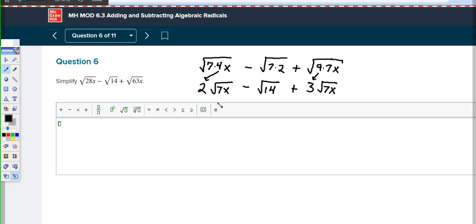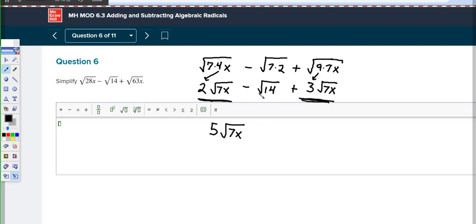So my final answer here, I have 2 square root of 7x, and I can combine that with these 3 square root of 7x. So 2 square root of 7x plus 3 square root of 7x is going to get me 5 square root of 7x.